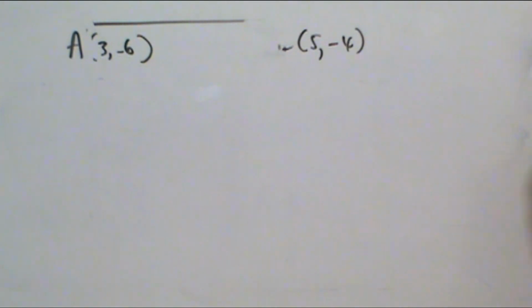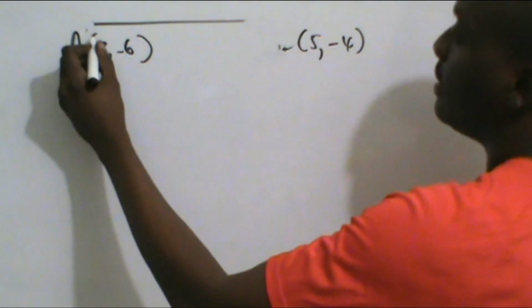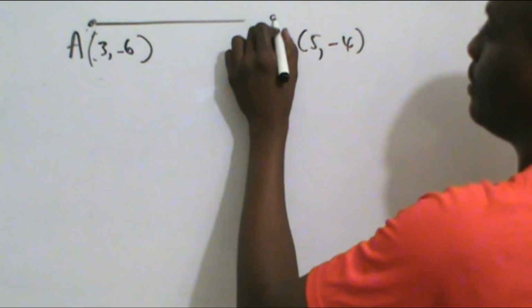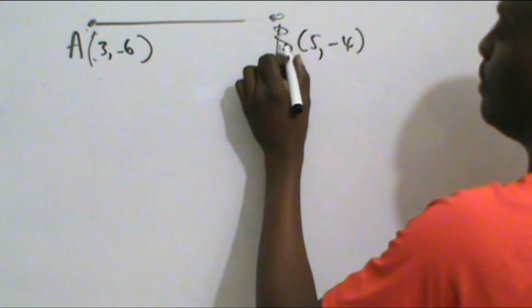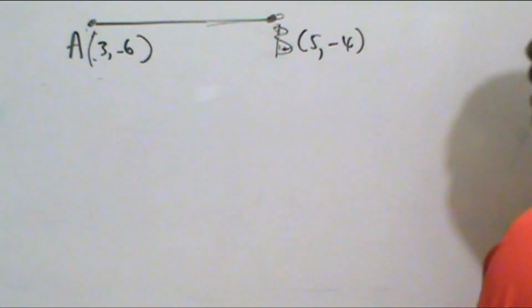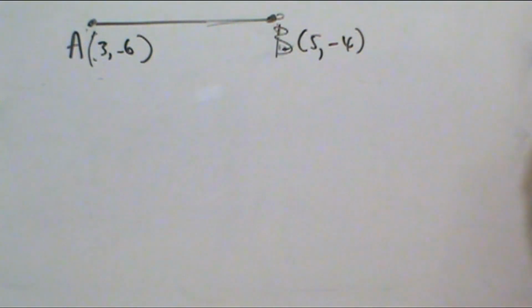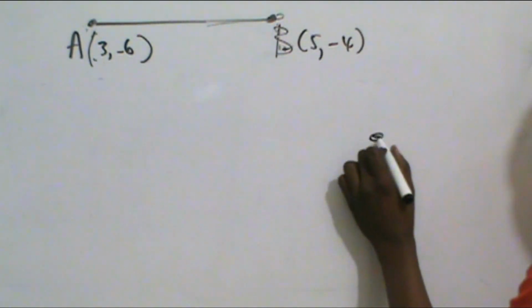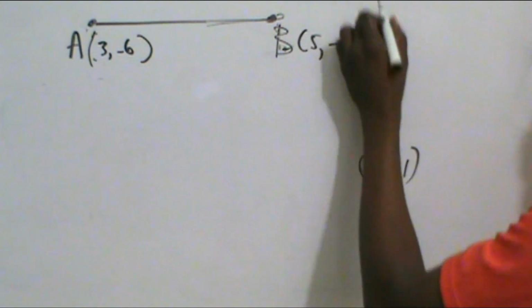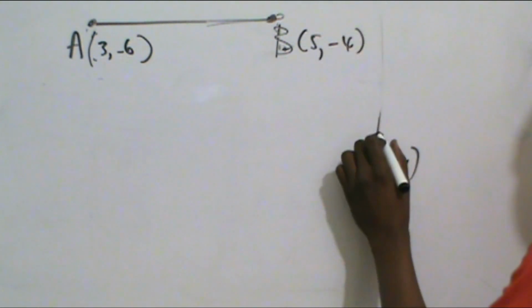We have A (3, -6) and we have B (5, -4). And we say that the line passes through the point C (2, 1), and it's perpendicular to AB.